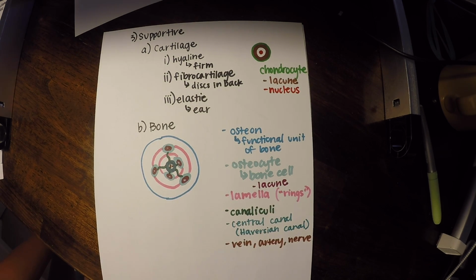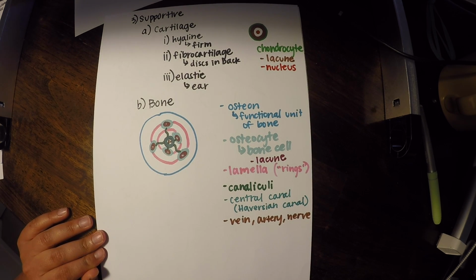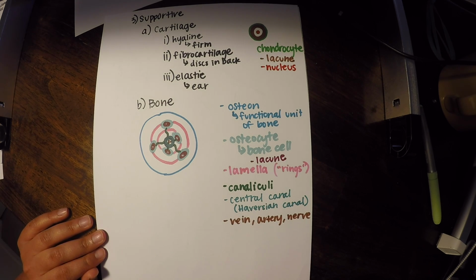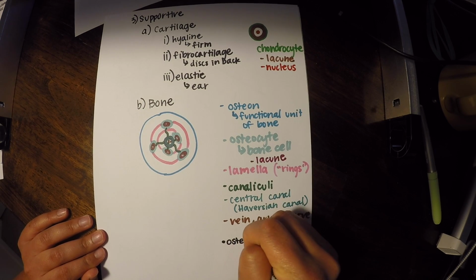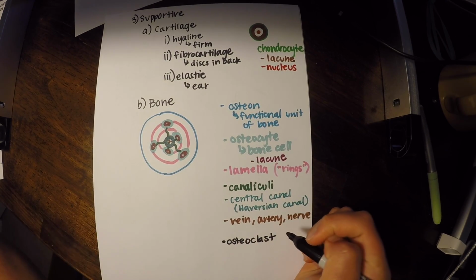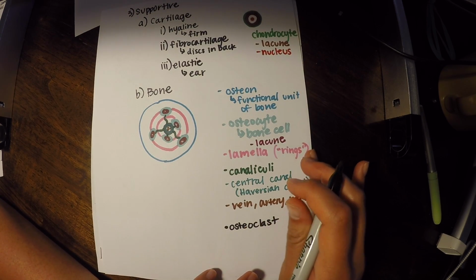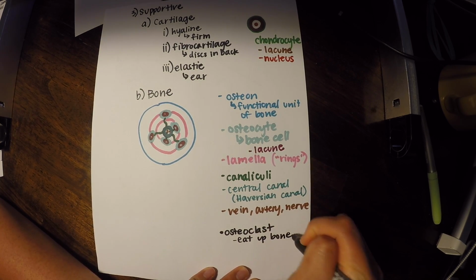Now, there are a few other things about bone that I just want to address. So just a few things to note. We have something called an osteoclast, which isn't drawn here, but I just want to make a note of it. Osteoclast. And those are cells that essentially eat up bone. Or get rid of it.